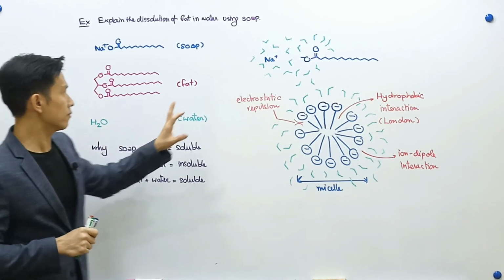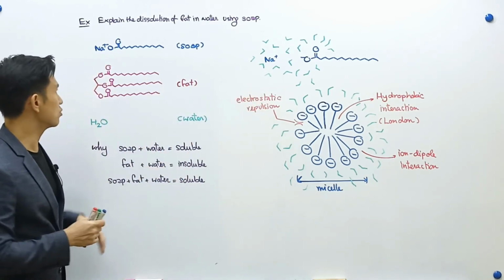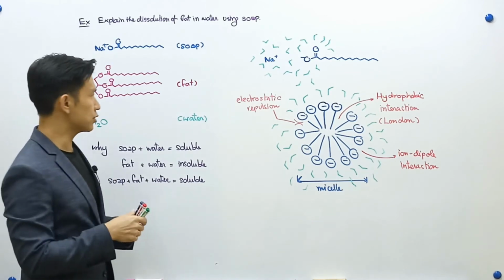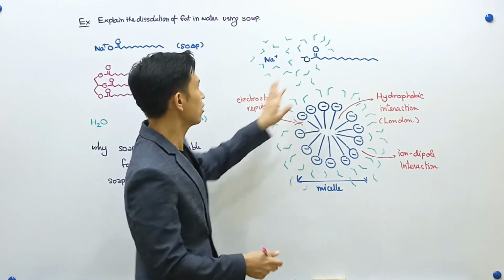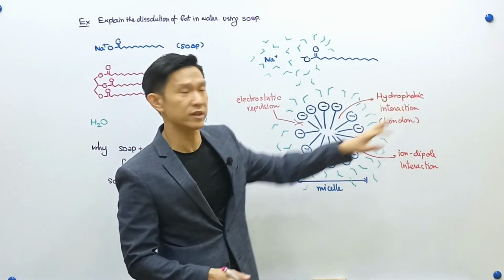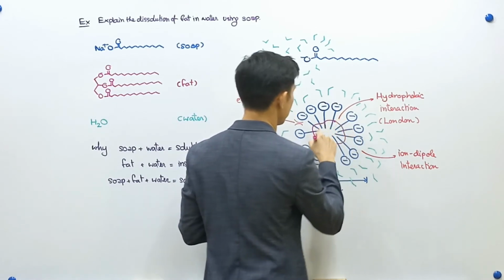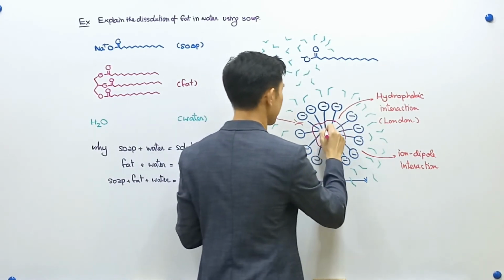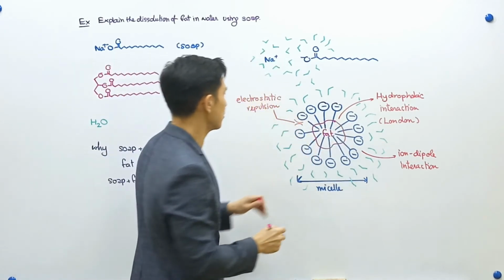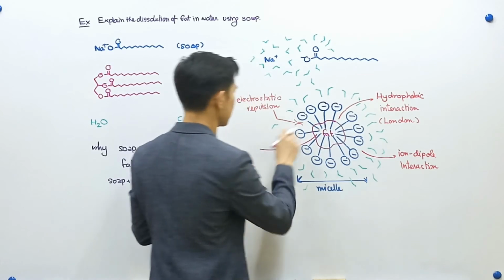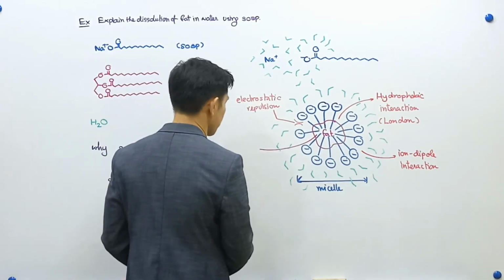But if you have fat and soap together, fat molecules are non-polar. That means you can have London force with the long chain side of the soap very easily. So fat molecules can come here in the center. So we have fat inside. The fat molecules and the soap can have such a strong interaction of London force.